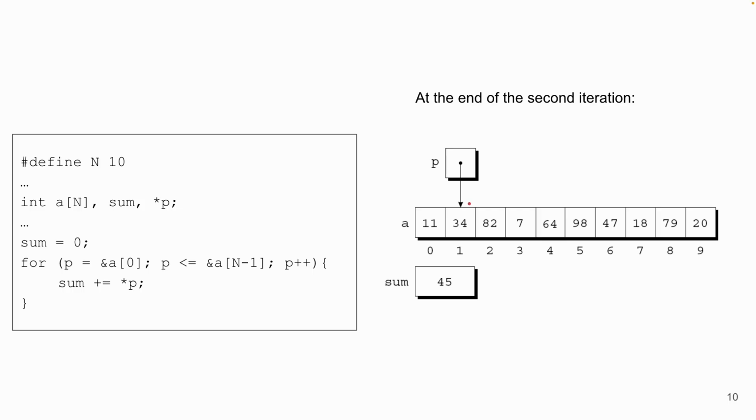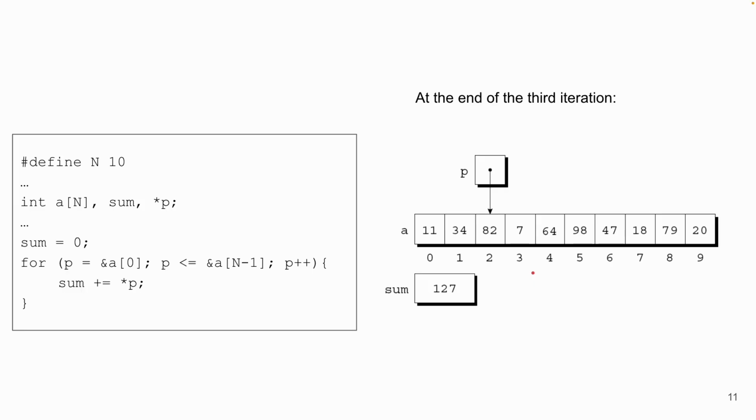For the second iteration, P points to A[1], and then we add the value of A[1] back to sum. So this is the latest value of sum, 11 plus 34 is 45. And we just continue this loop. The third iteration will be P pointing to A[2], the next element, and we add the value of this element back to sum.